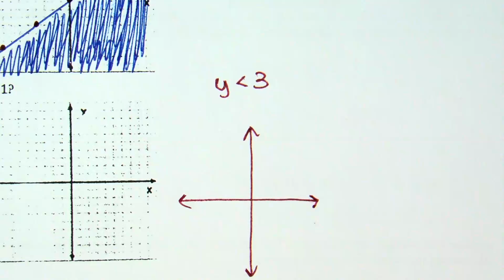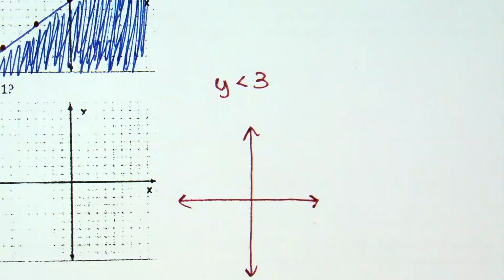It's not a vertical line. Horizontal line. Okay, so this is the equation y equals 3. Or if you want, it is y equals 0x plus 3.